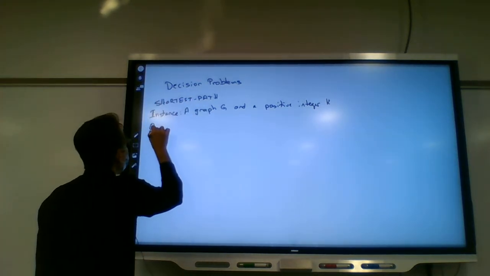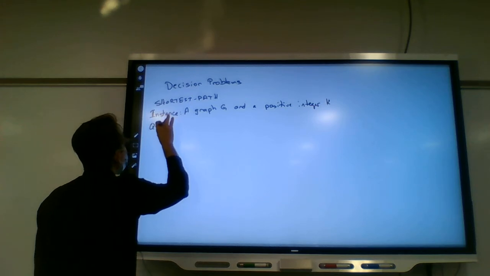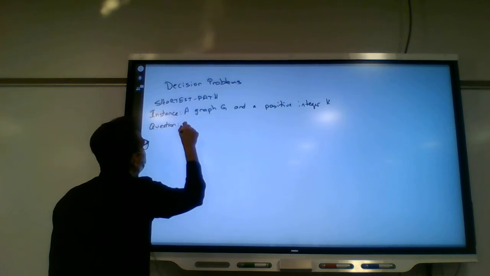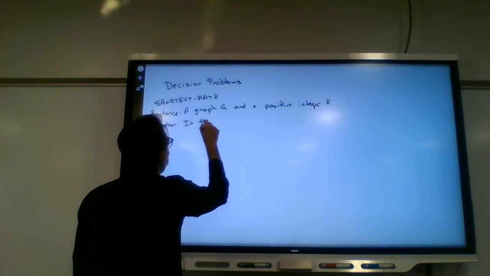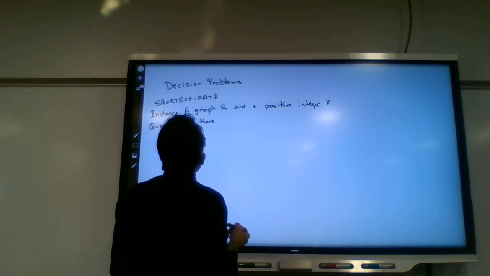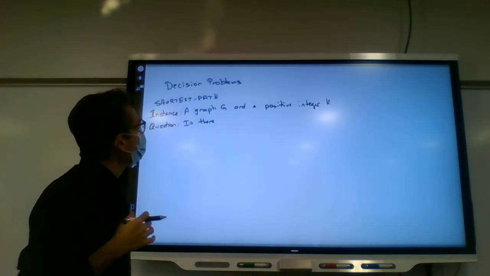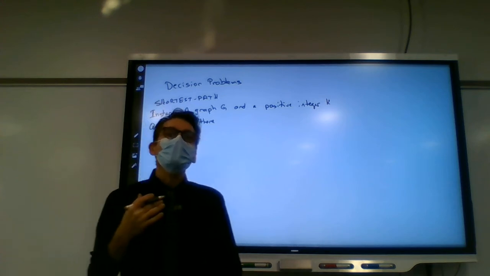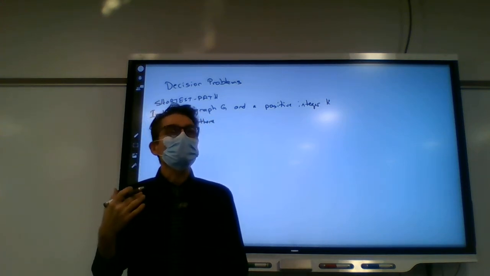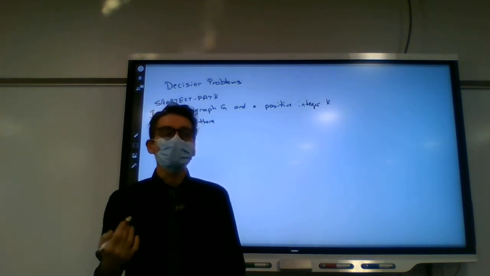And then the question, which is a yes or no question, actually, shortest path, you would need the graph G, positive integer k, and maybe your two vertices, the two ends of the path.